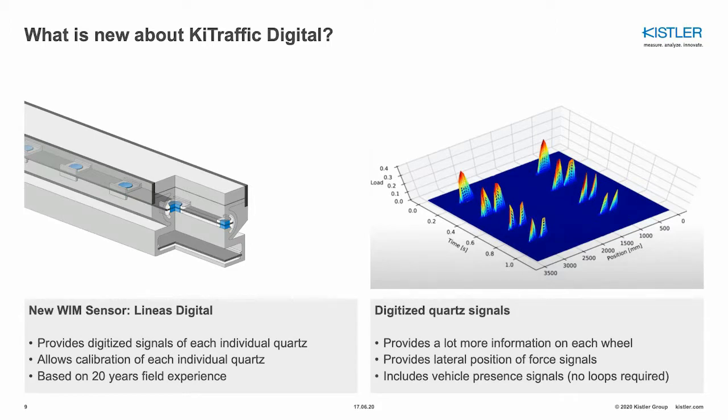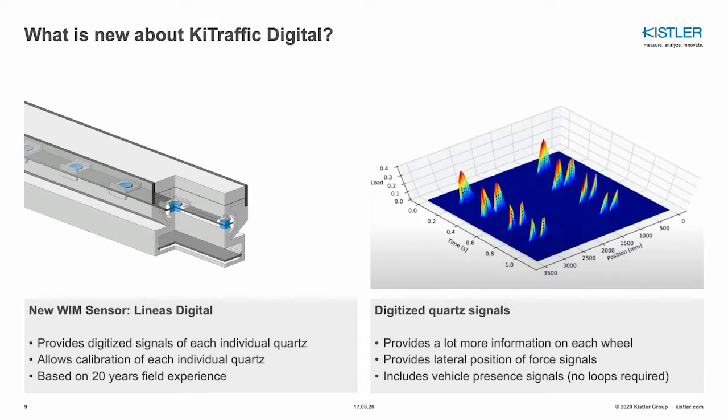If you take a look at the graph on the right, which shows the sensor signal output, we can see different peaks. These peaks represent the tires of a vehicle which was crossing the WIM site. We can see here a truck with 4 axles which crossed the WIM site.